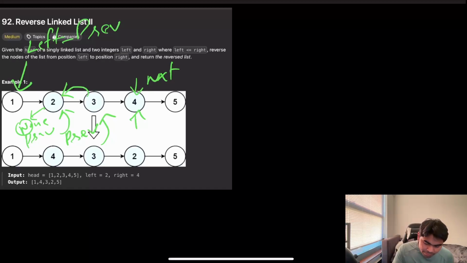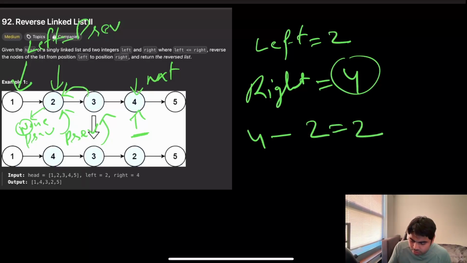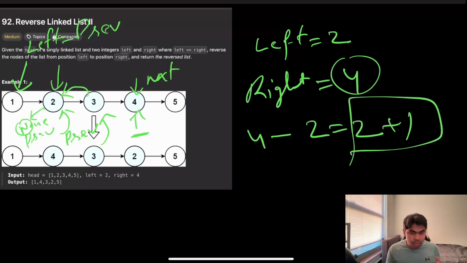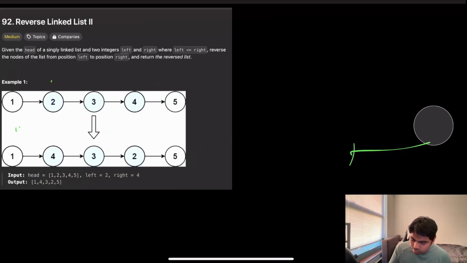Once I reach the right position, given left as 2 and right as 4, the number of nodes I'm going to traverse is 4 minus 2 plus 1, which is 3 nodes, so that my current pointer ends up at 5. Let me show you what the situation will be.